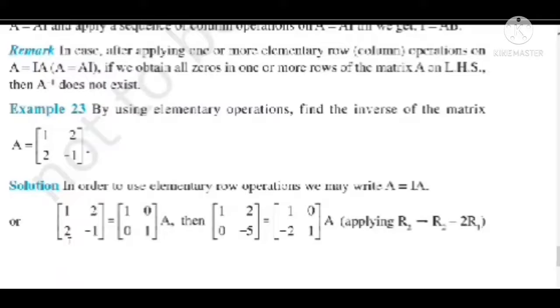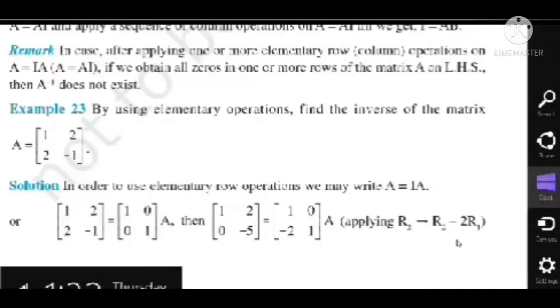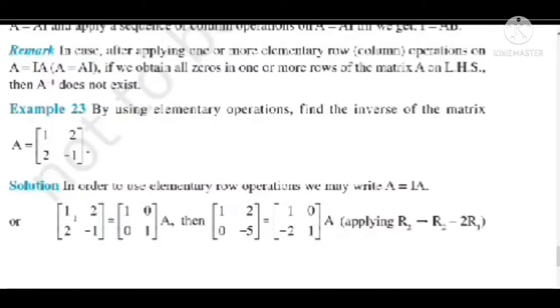Now you have to subtract this one from 2 and minus 1. That means you multiply the first row by 2, and whatever you get, you subtract that value from R2. So 2 into R1 gives 2 and 4. Now you subtract from R2, whose elements are 2 and minus 1: 2 minus 2 you will get 0, and minus 1 minus 4 you will get minus 5.